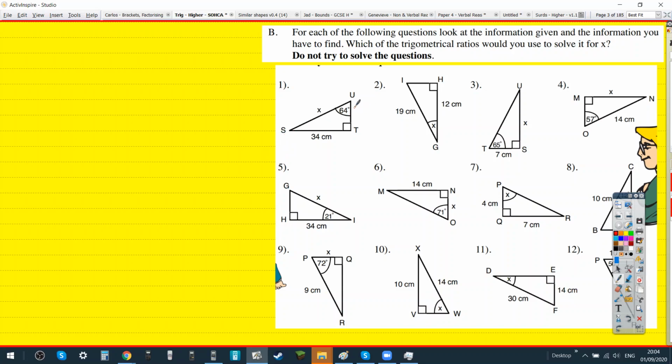And it's in relation to the angle 64. So the X value, the opposite.